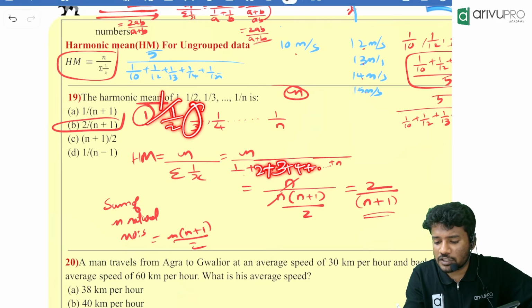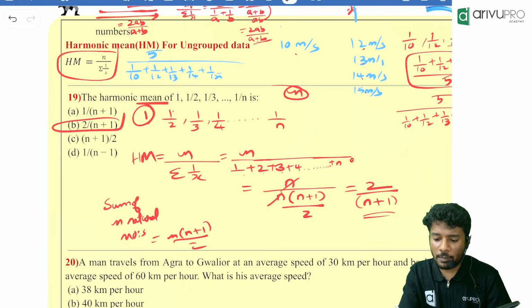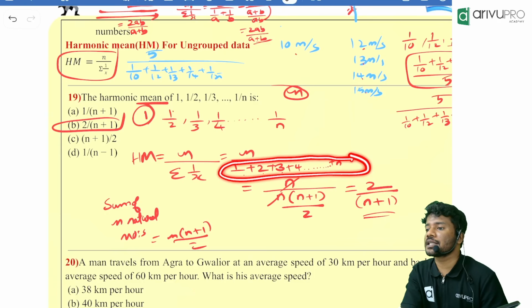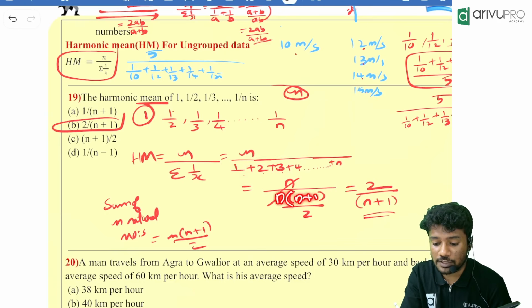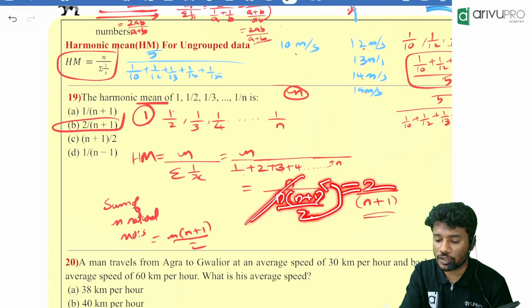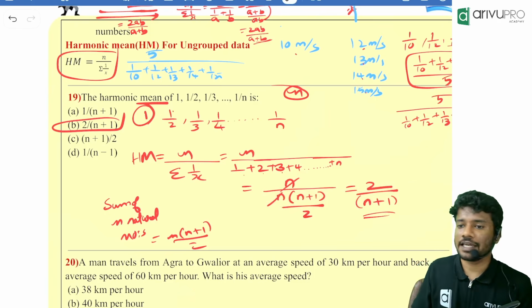Then 4 plus etc till n. Now people, what is the formula for sum of n natural numbers? That is n into n plus 1 divided by 2. n and n got cancelled. Then this 2 goes to the numerator. It will become 2 divided by n plus 1.